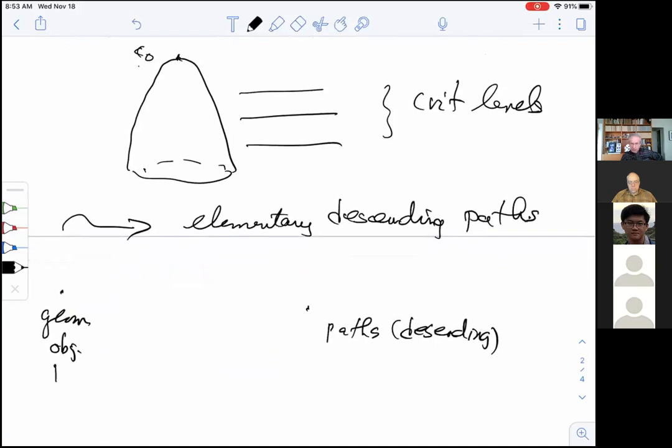The geometric objects are these descending disks for some gradient-like vector field. The paths, well, we're building a bridge, and we're going to build it like you often build bridges. We're going to start from each bank and build outward. So the theorem that I stated last time, and we'll restate and then prove, is we get to elementary descending paths.